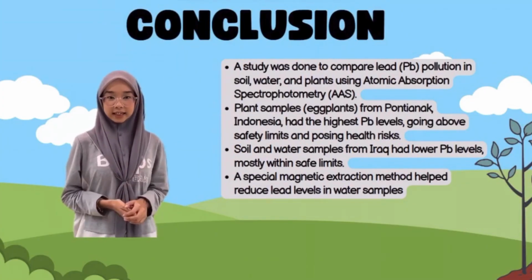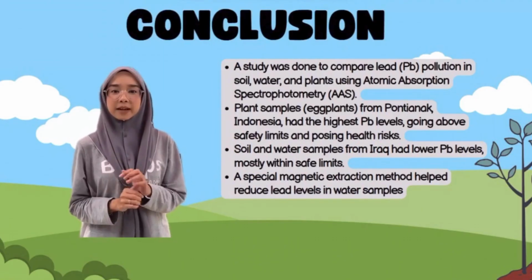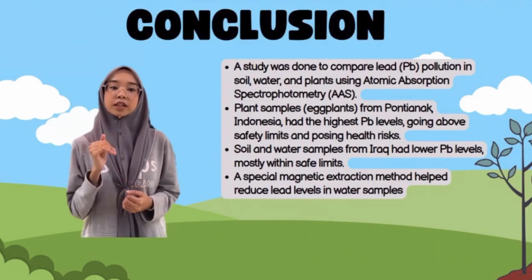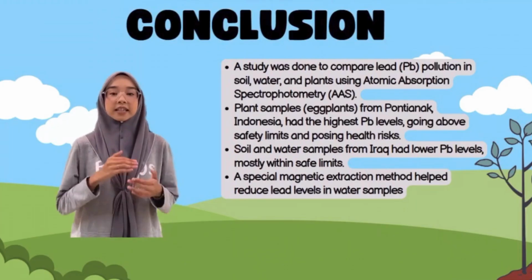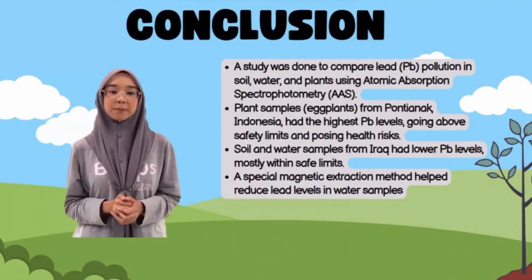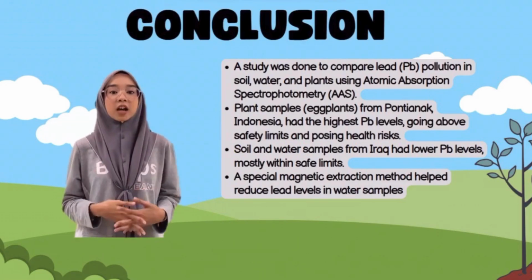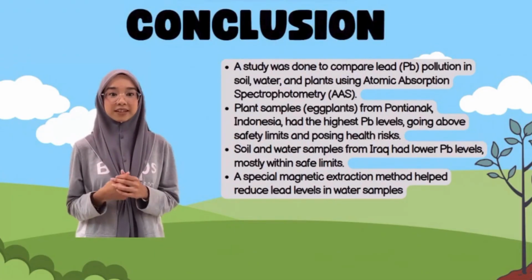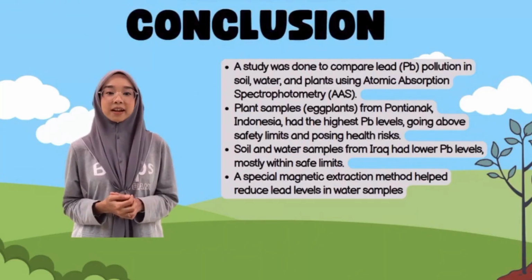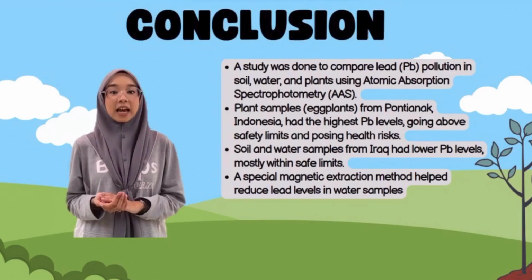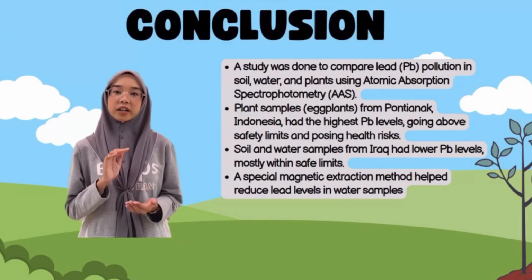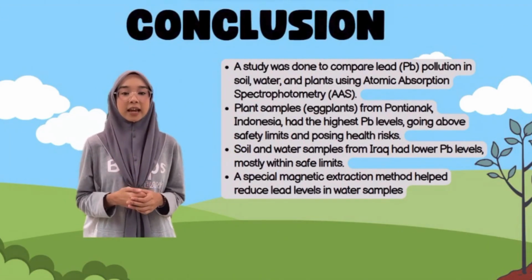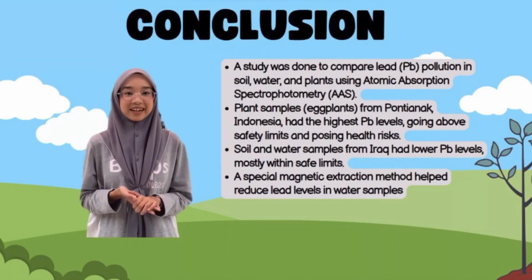Among the studies presented, plant specimens, specifically eggplants from Pontianak, Indonesia, had the highest and most critical lead concentrations, surpassing food safety requirements and posing immediate threats to human health. Contrarily, Iraqi soil samples and water samples after sophisticated magnetic solid phase extraction techniques had lead levels within or near acceptable levels, reflecting diversified metal mobility and bioavailability across environmental media.